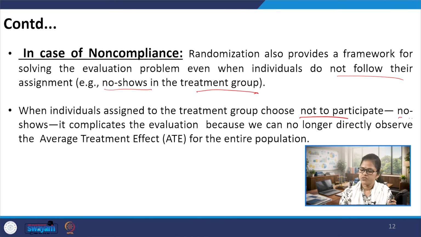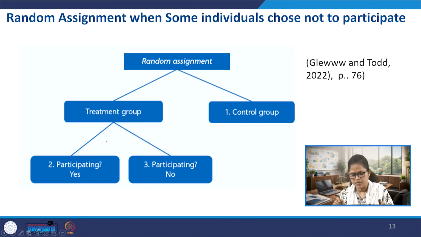That is the reason this group is there, which is known as the no show group. Here it complicates the evaluation altogether, because we can no longer directly observe the impact of the program or policy in terms of average treatment effect for the entire population.